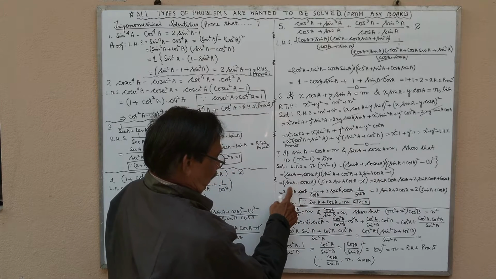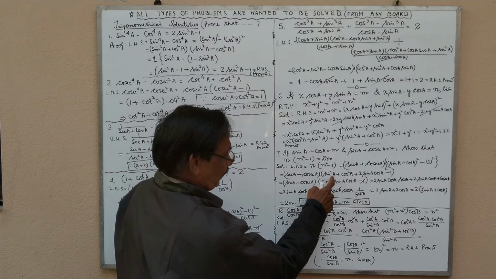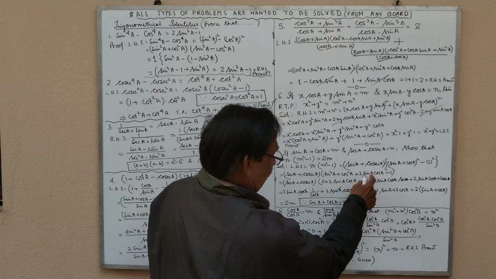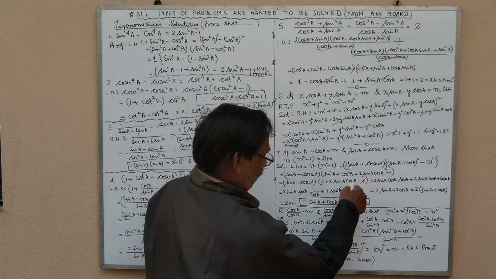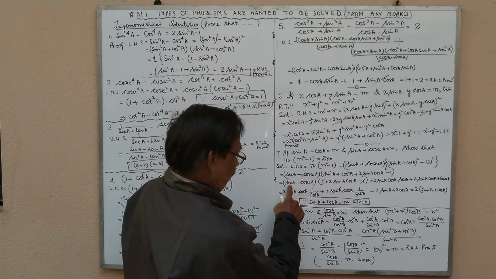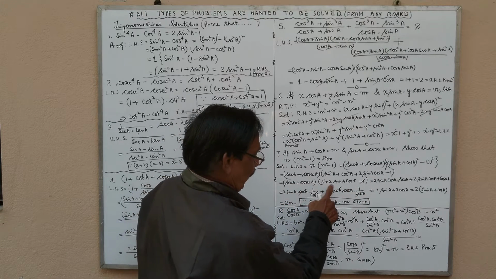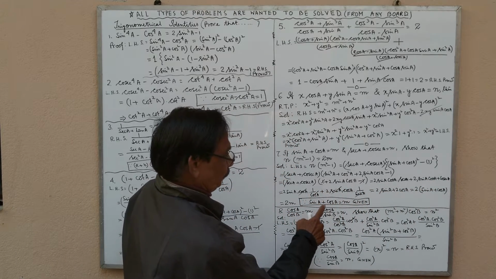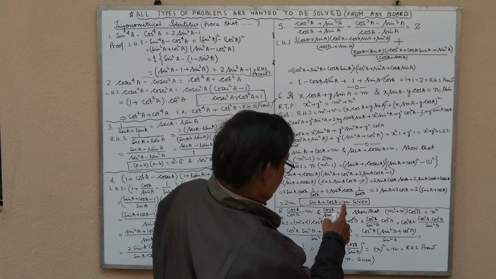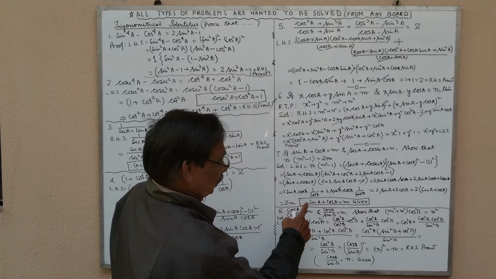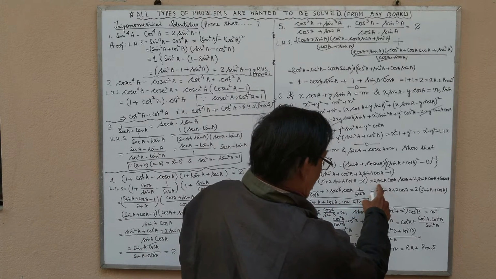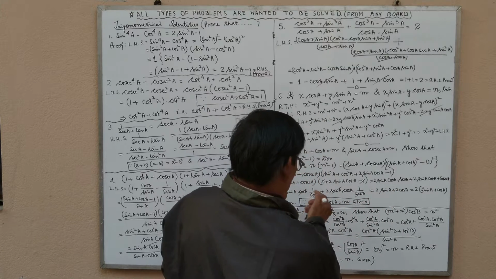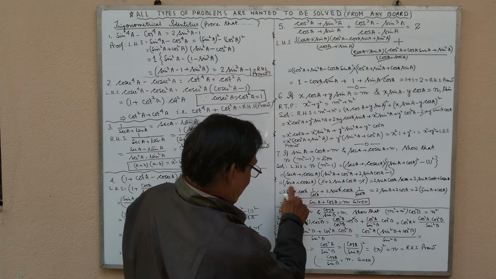Here we have sec a plus cosec a, and sin square a plus cos square a equals 1. This is 1 plus 2 sin a cos a, and this is minus 1. They will cancel each other, and only 2 sin a cos a remains, multiplied by sec a plus cosec a.